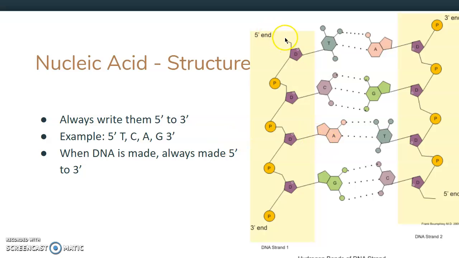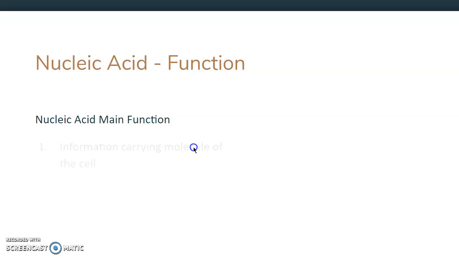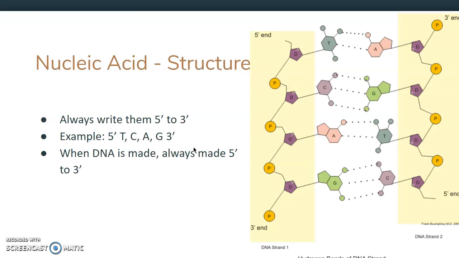Because if we wrote top to bottom, well then what's the top, what's the bottom? It's very easy to notice which carbon is the 5' and 3'. So that's why we do it that way. Also, when DNA is made, it's always made from this 5' end to the 3'. So another reason to write it in that way.